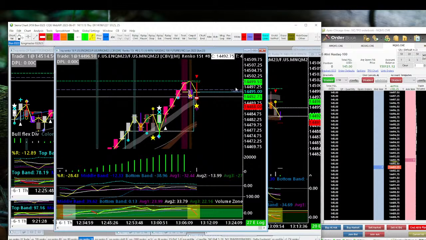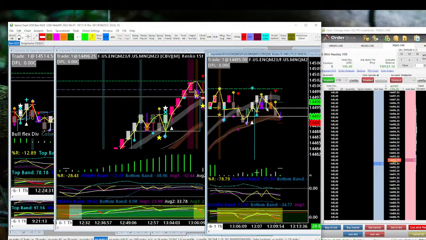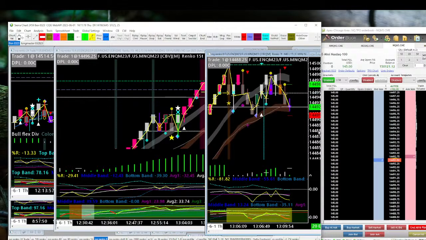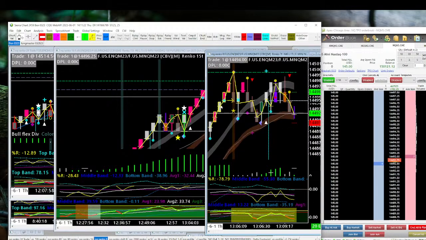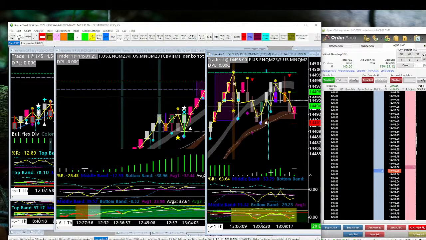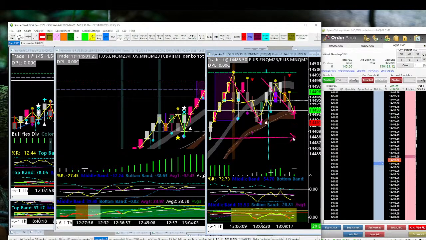Let me just check the 7 tick. Wow. So repricing here. Everybody overpaid. Sellers tried to punish, but they can't get underneath the dot.